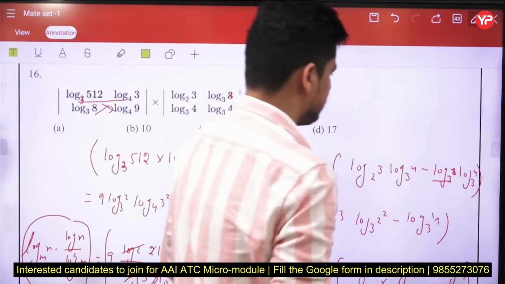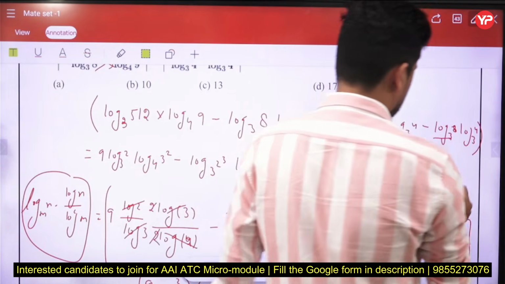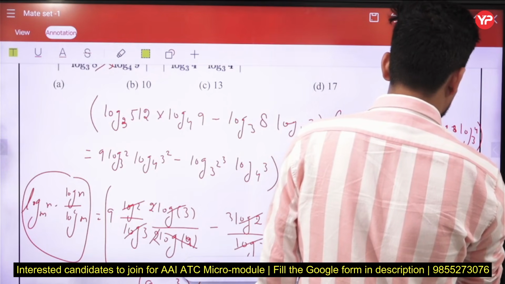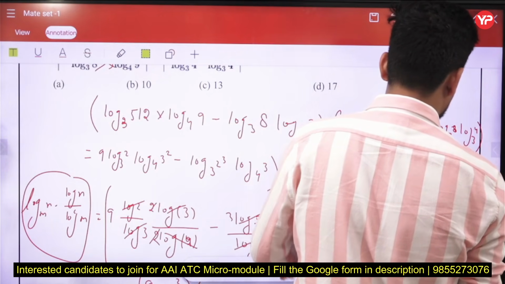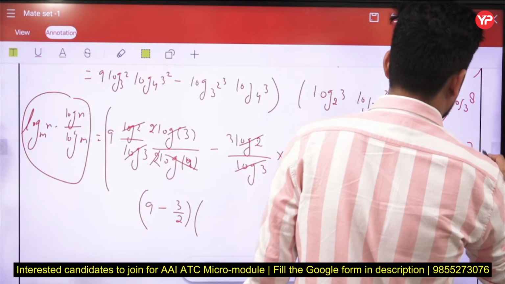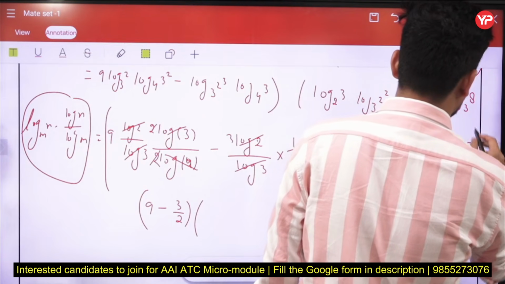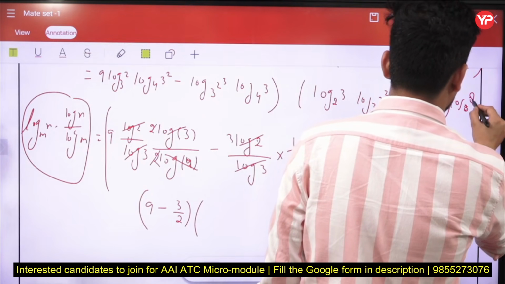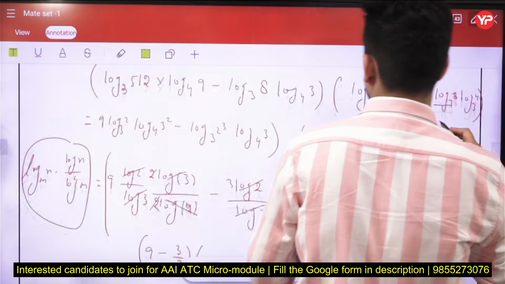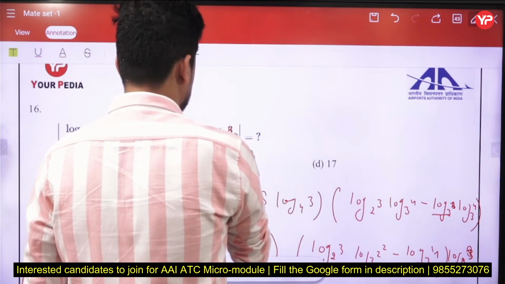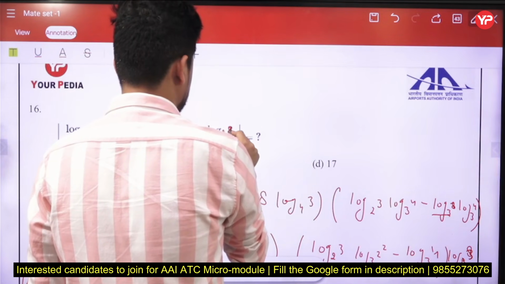There are 2 mistakes in this question. So this is 8 base 3, not 3 base 8. Yes, this is a printing mistake here.